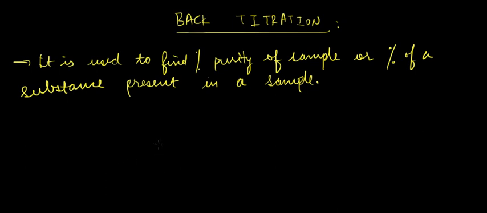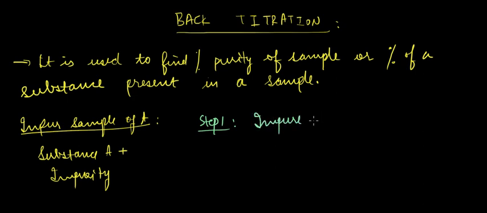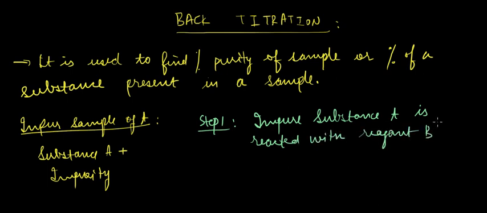Okay, so we have an impure sample of A, which means that we have substance A plus impurity. In back titration we use 2 steps. Step 1 is that impure substance A is reacted with reagent B, which is in excess.